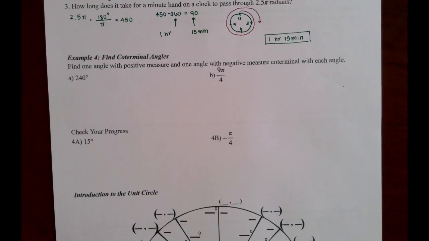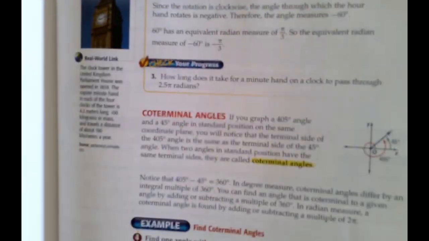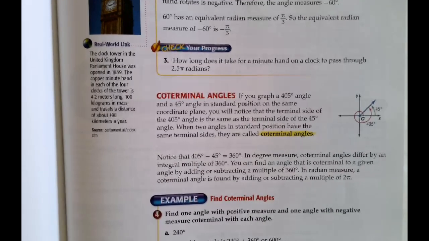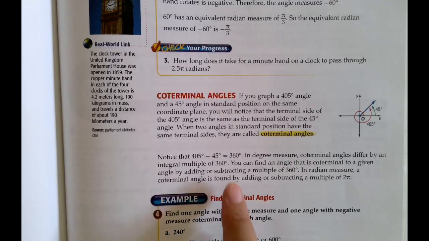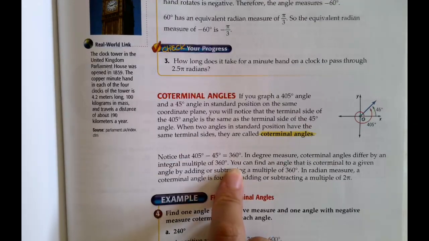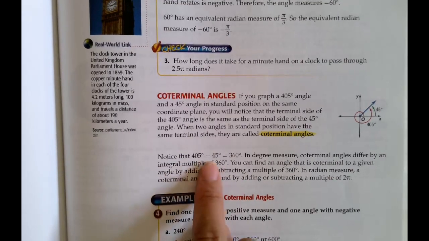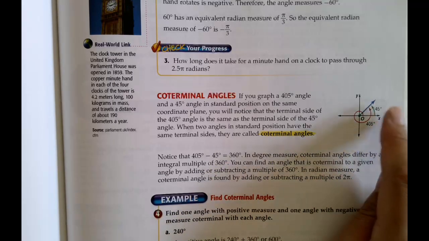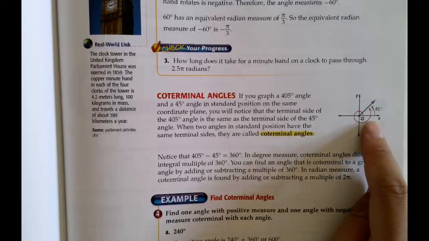Now moving on to example 4, which is finding coterminal angles. Coterminal angles are two angles in standard position that have the same terminal side. Notice that 405 minus 45 is 360, so 405 and 45 degrees are coterminal angles.